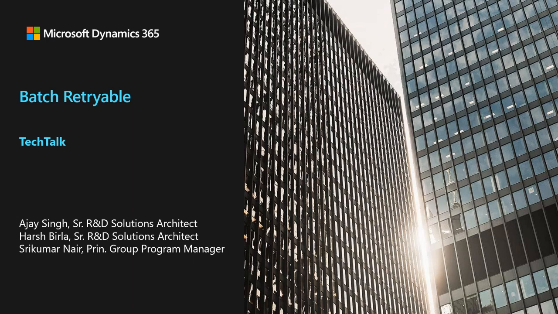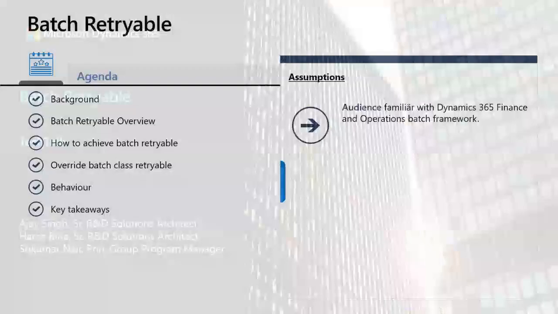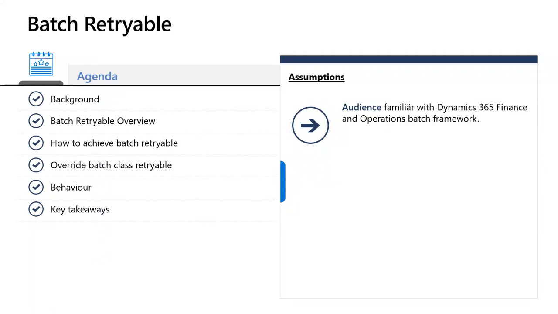So let's get started. BatchRetryable. The agenda that we have today is the background: why do we even have to think about BatchRetryable? Then we have the BatchRetryable overview, where we'll be talking about an overview of this feature. Then we'll be talking about how to achieve batch retry in any custom batch classes.